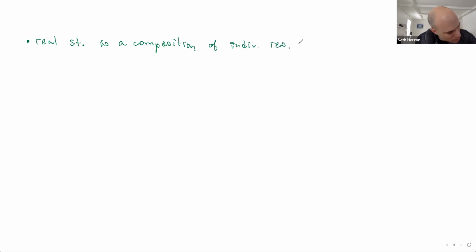I apologize, I'm abbreviating on the whiteboard because this is very slow to write on. So if anything's unclear, you can chat box it or just shout out. Okay, so each molecule is a composition of its individual resonance structures.